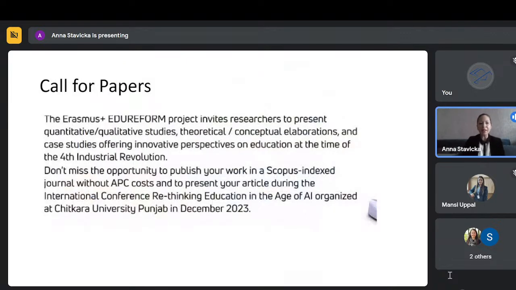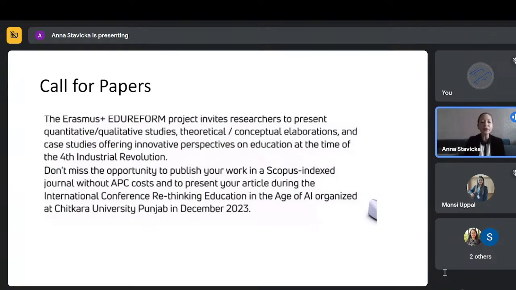Okay, I know that Mansi has already told a couple of words about our call for papers, but maybe when you see the text on the screen, it will be easier for you to perceive all the information. So I'm privileged to be part of the Erasmus team, and this project invites researchers to present quantitative and qualitative studies, theoretical and conceptual elaborations, and case studies offering innovative perspectives on education at the time of the fourth industrial revolution.